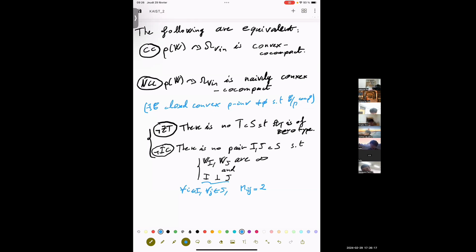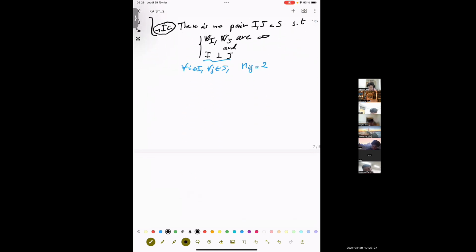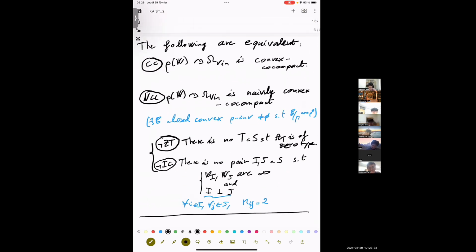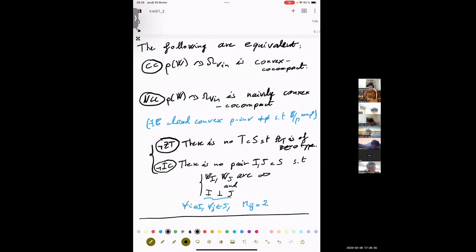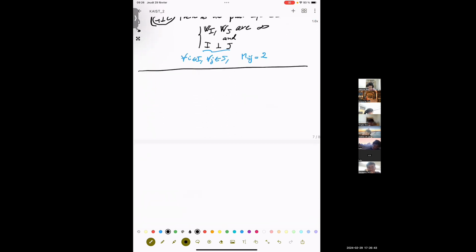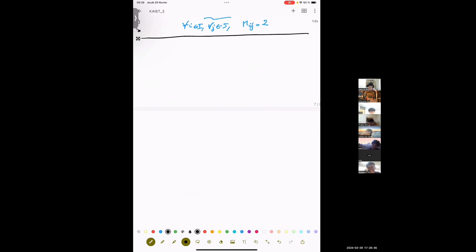Okay, so that's the statement. I hope it's okay. And okay, so I will try to explain NC equivalent to no ZT, no IC. I leave the no IC and equivalent to CC to the brave reader.